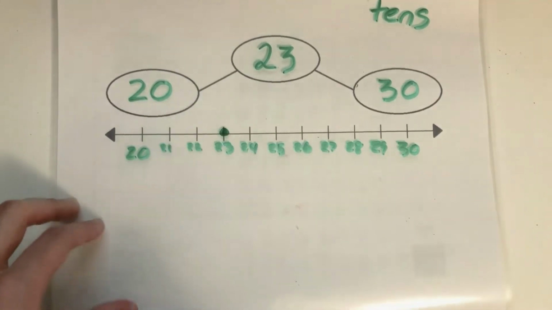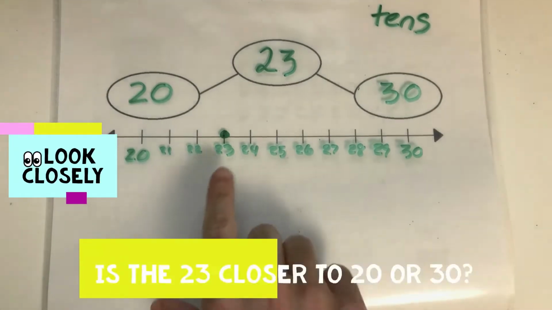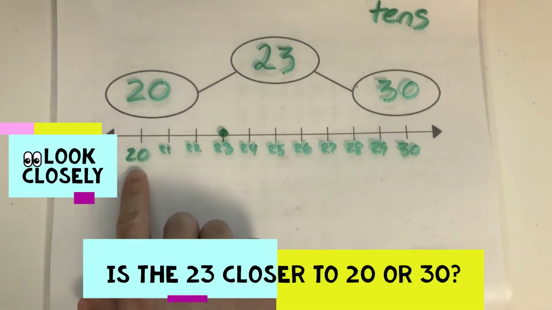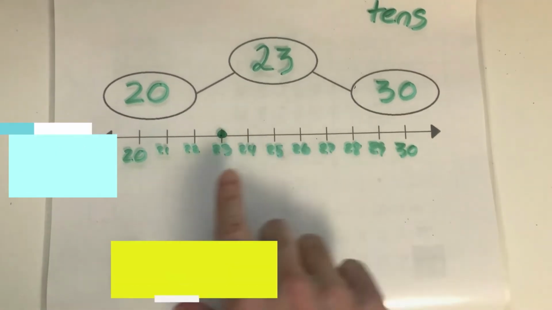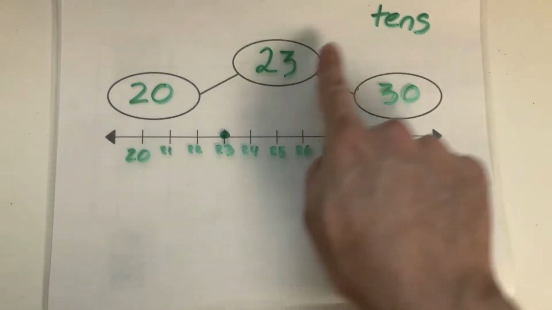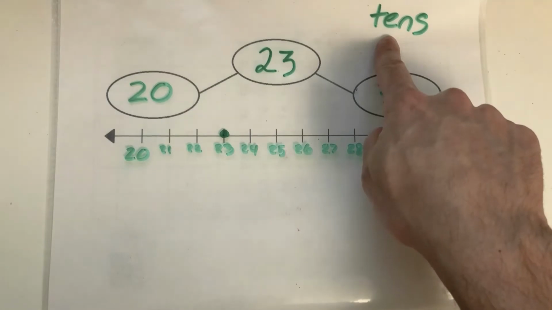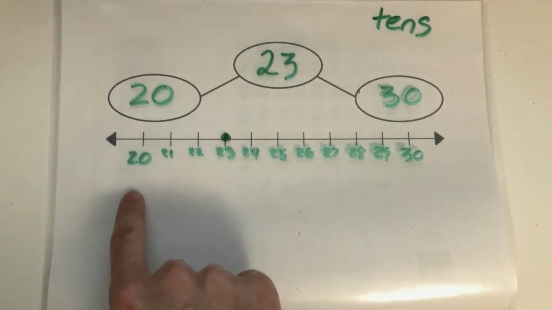Let's mark it with a dot. Now look closely. Is the 23 closer to 20 or 30? It's closer to 20, right? So when we round 23 to the nearest tens, it rounds to 20.